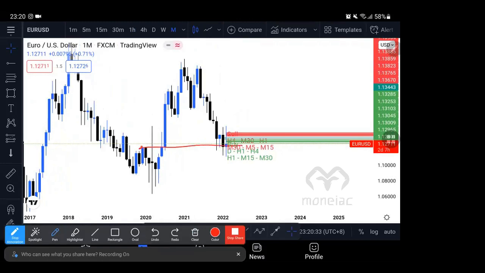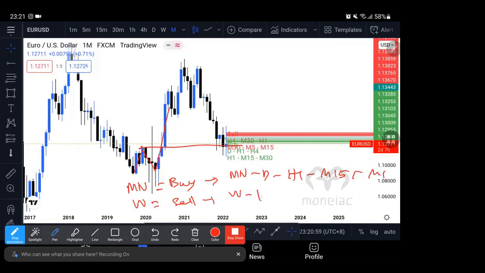When I know there is a monthly buy breakout, weekly is going to be sell. So when monthly is buy, the buy side is going to be monthly, daily, H1, M15, M1. And for the sell side, it's going to be weekly, H4, M30, M5.